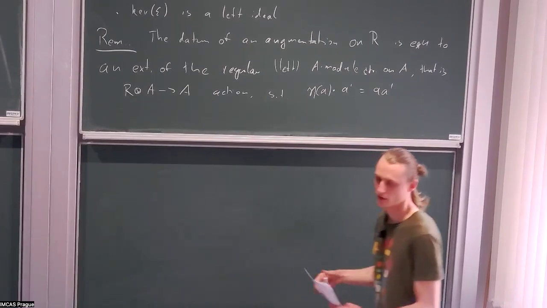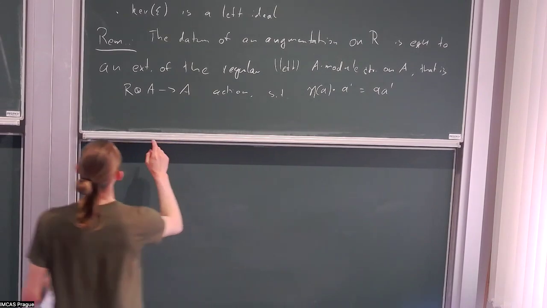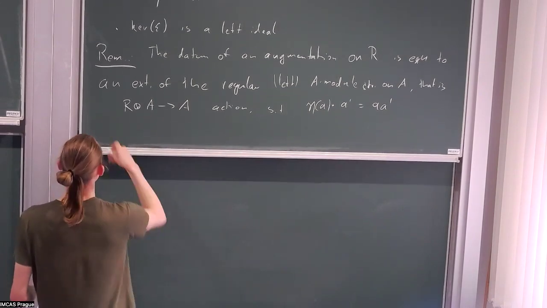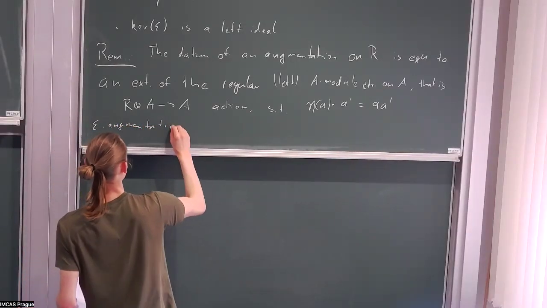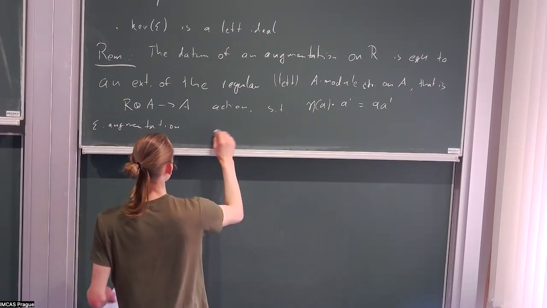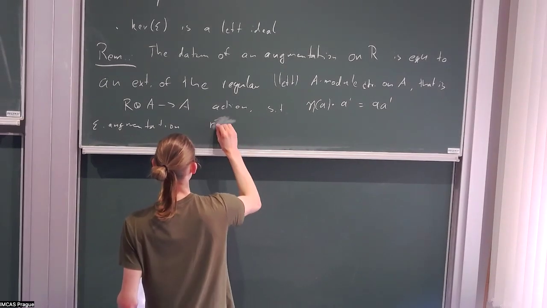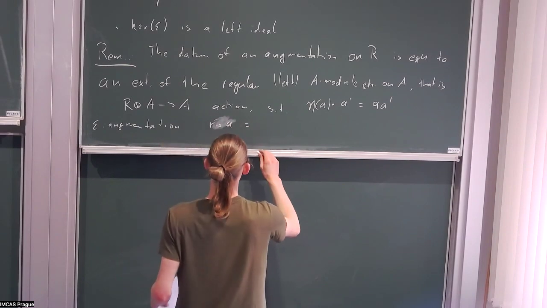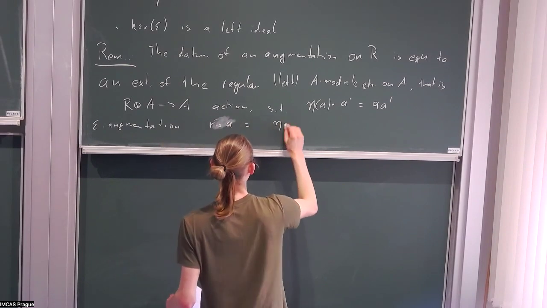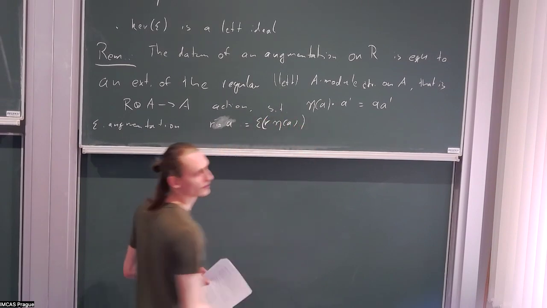Okay, and how do we see that this is equivalent to having an augmentation? Well, in one direction, if I take an augmentation, then I can define the following action. Let's write it like this: a acting on r is, I apply the unit map to a, then I multiply by r, and then I apply the augmentation.